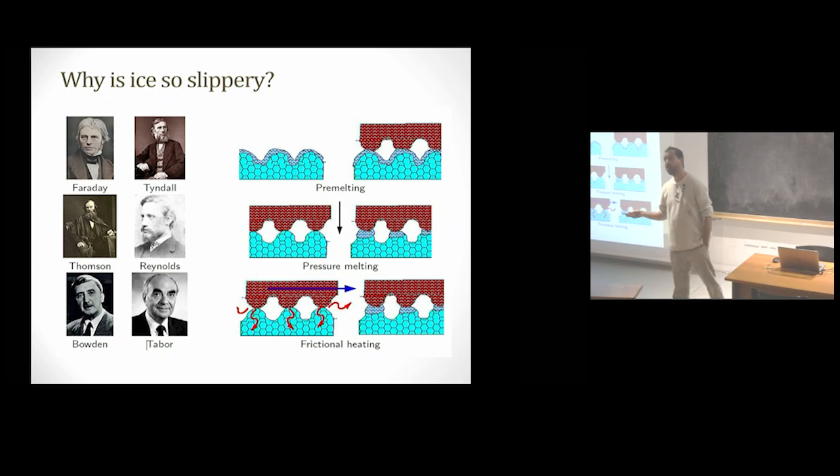He made some experiments with cube ice and concluded that the explanation for his experiments was that there should be some premelting. Okay, but this was in 1856. Okay, thermodynamics was being formulated at the time, and it was not that well understood. And definitely, surface thermodynamics had not been developed yet.